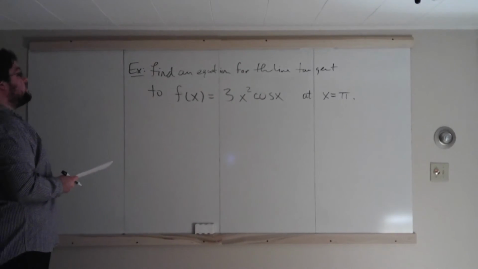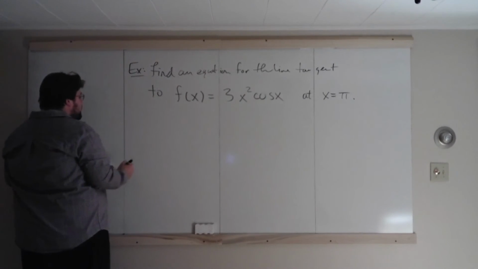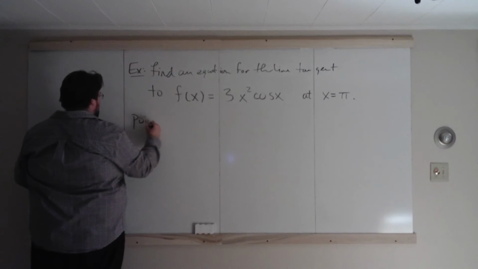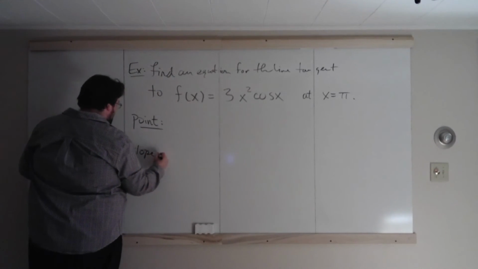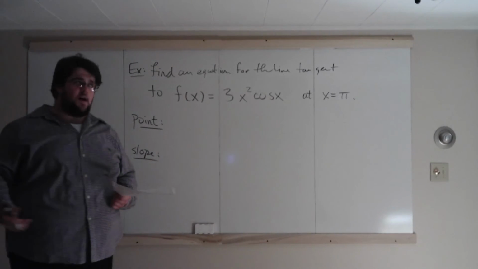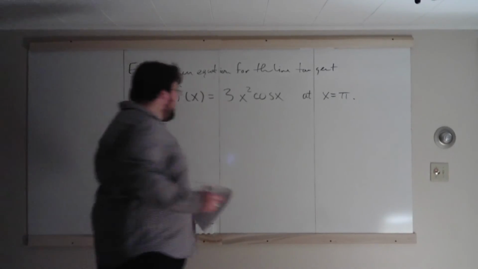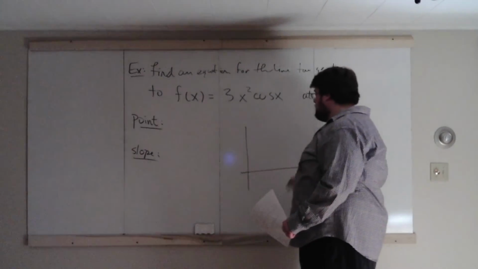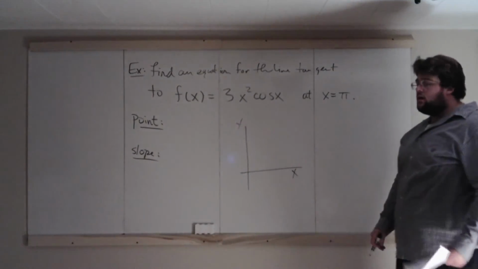So we need a tangent line. So we need an equation for a line. Well, for an equation for a line, we need a point and a slope. If you take Calc 3, which some of you probably will be taking, Calc 1 and Calc 2 are on the xy plane.